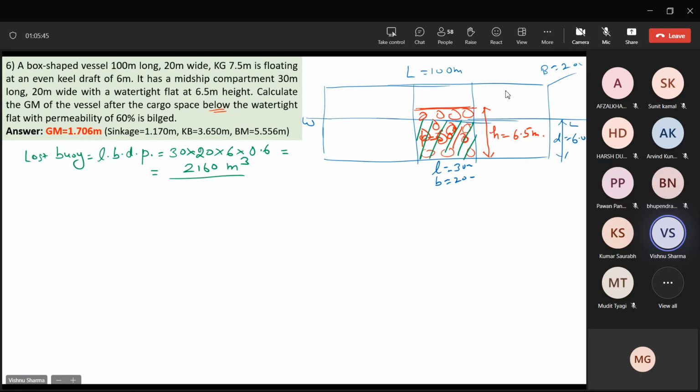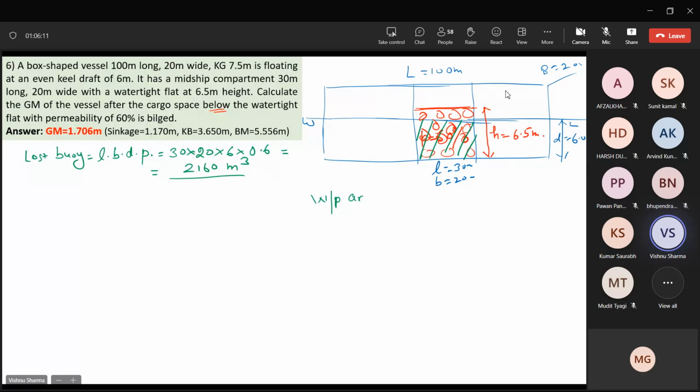Now, what will we do? We will calculate the buoyancy regained if the vessel sinks up to the watertight flat. That means the vessel sinks by 0.5 meters up to the watertight flat. And I'm sure you'll agree that now see what I'm doing here.